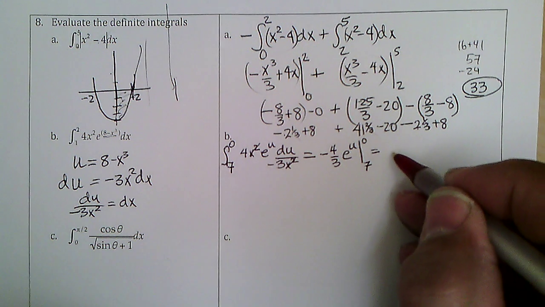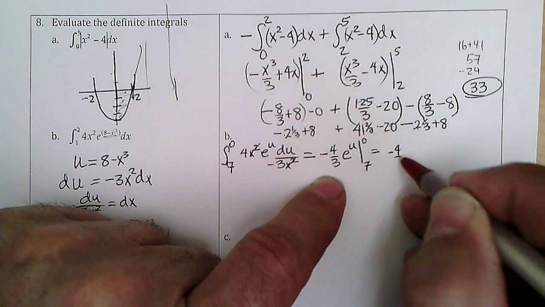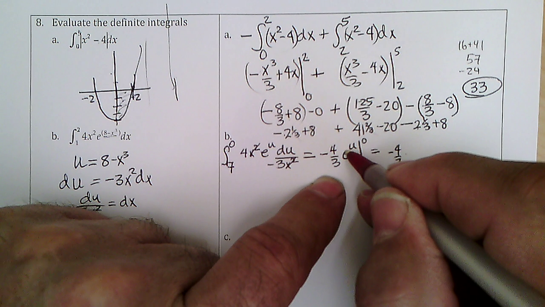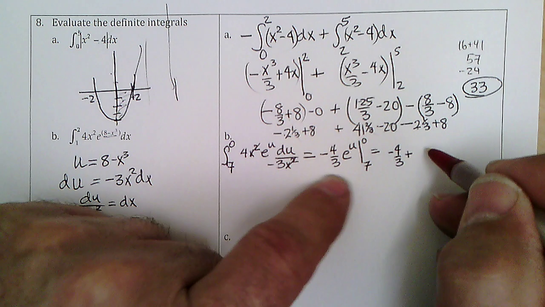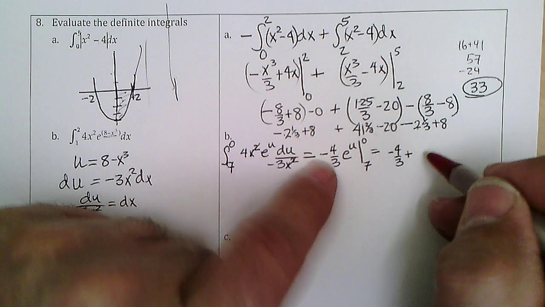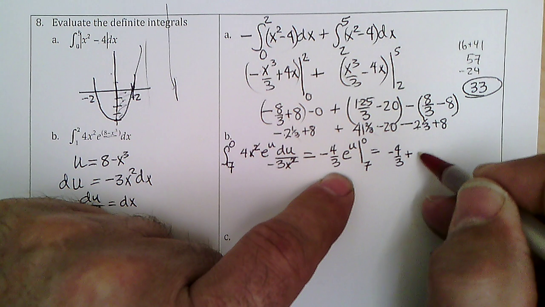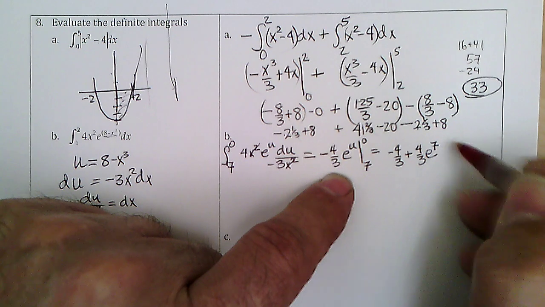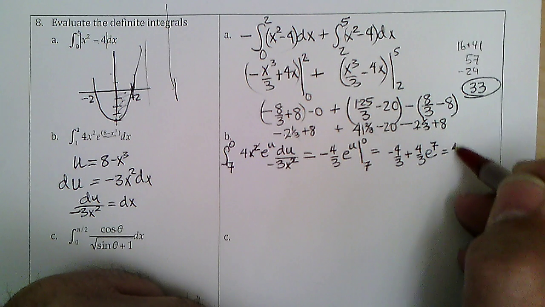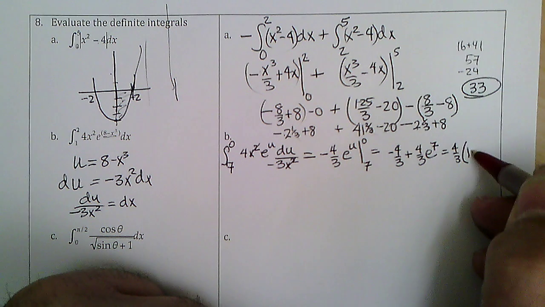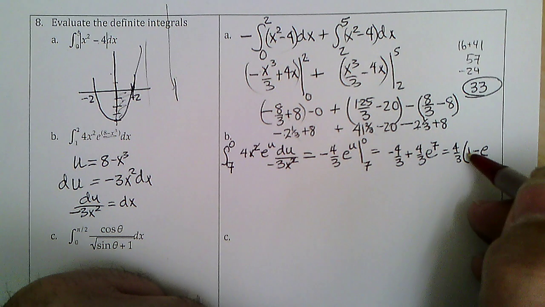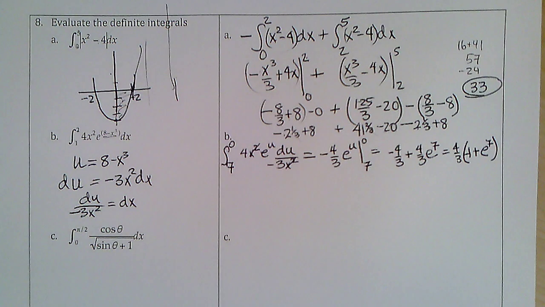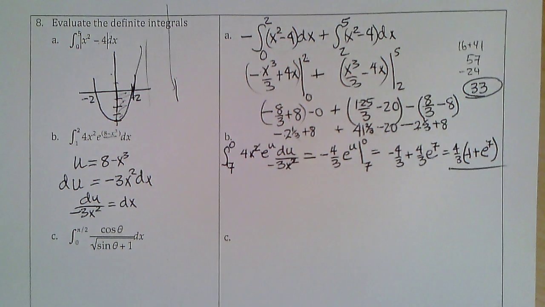So this would be negative 4/3, e to the 0 is 1, so I put 0 in there, I get 1, minus e to the 7th, because it's minus a minus, so it would be plus 4/3 e to the 7th minus 4/3, or 4/3 times e to the 7th minus 1. Anyway, that should be the answer.